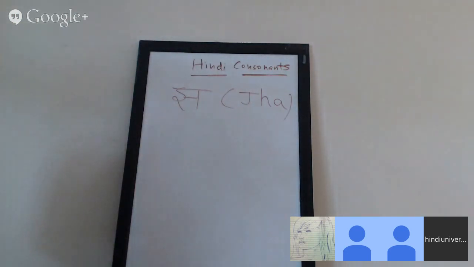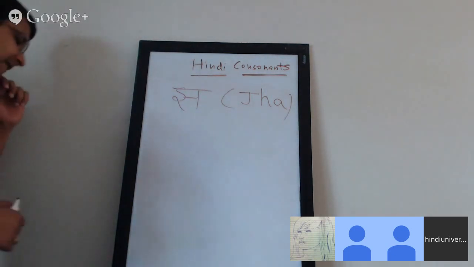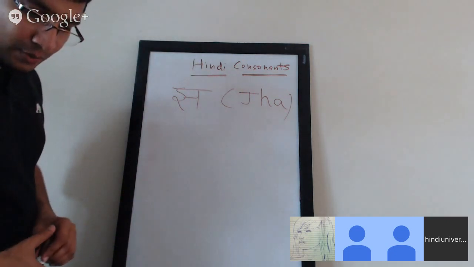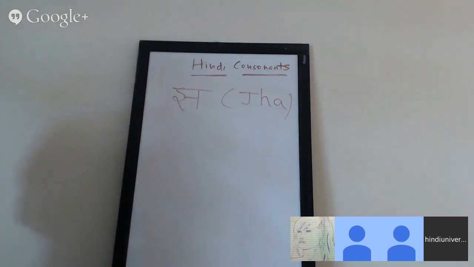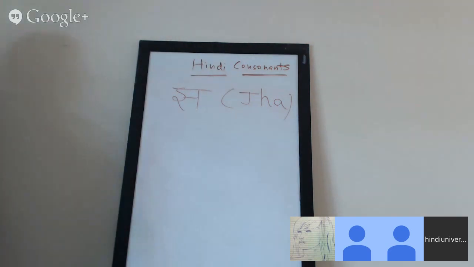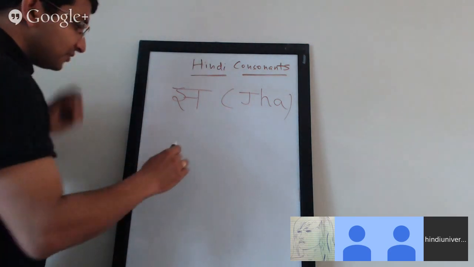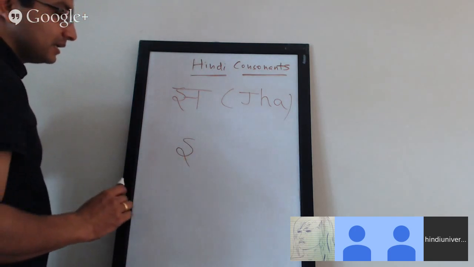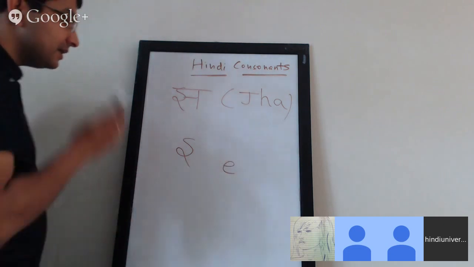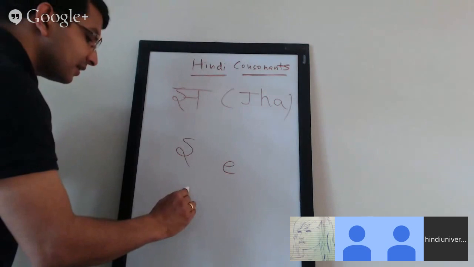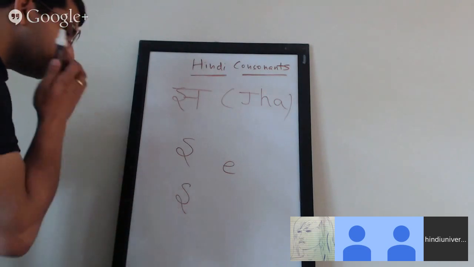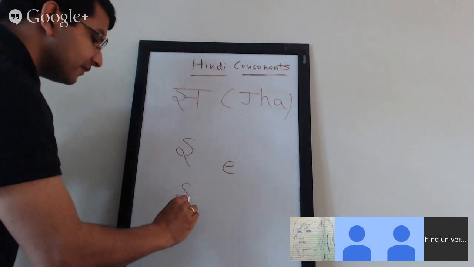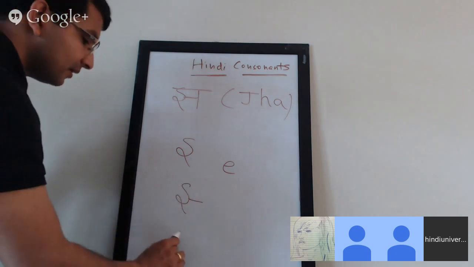Again, this is also an aspirated sound of the earlier consonant. I'm not sure if there's an equivalent sound available, at least in the English language here. So most of the examples I'll be covering are from the Hindi language and Hindi vocabulary. The easiest way to remember it is to remember the vowel that we practiced, E. Step one, write down E. Step two, write down E with a small horizontal bar.